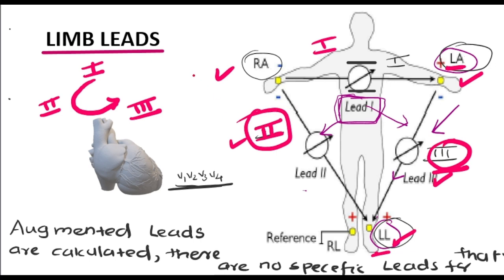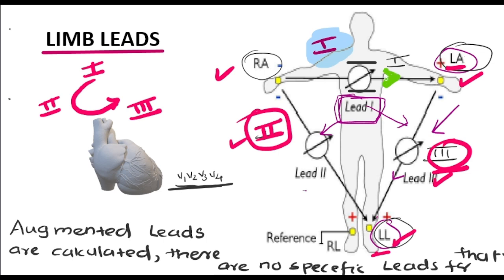Okay, now about direction. If you have a closer look at lead 1, the direction of the lead is towards which direction? The direction of the lead is towards the left side.